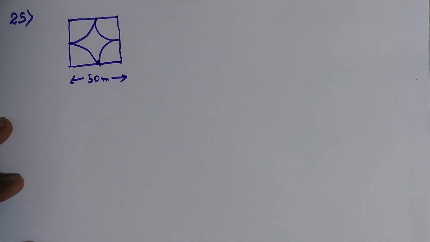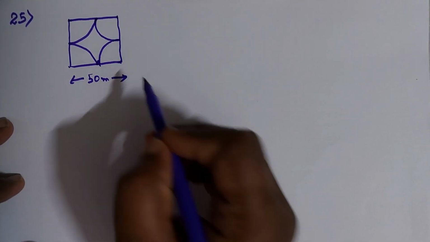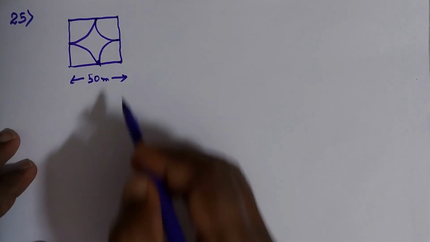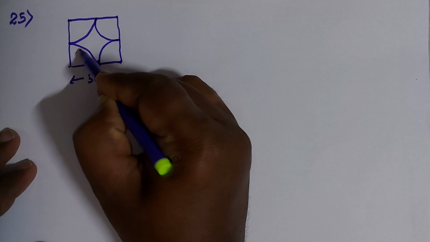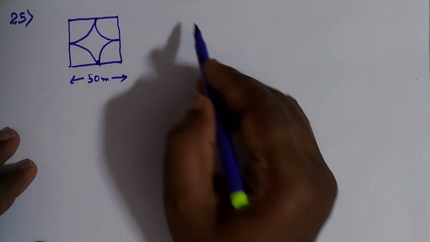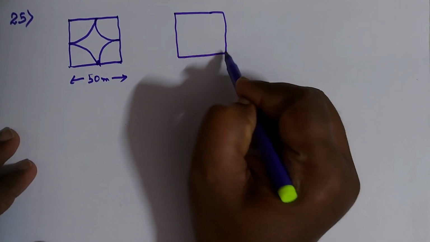Maximum unshared area. Maximum unshared means, here you need to understand, a cow can be tethered from this corner to this, but then with 4 cows the diagram will be like this.